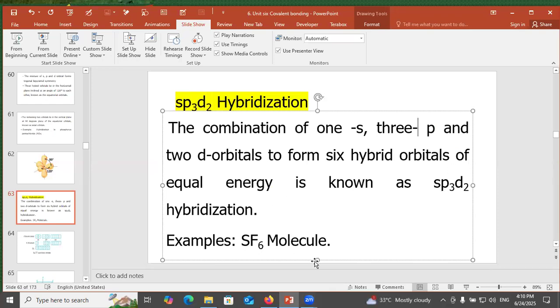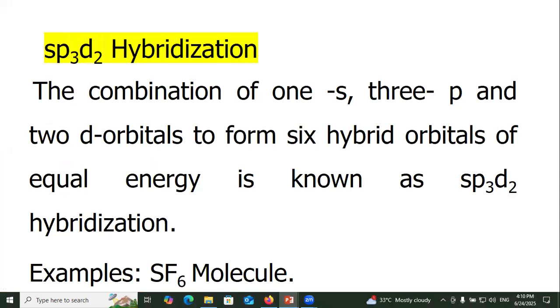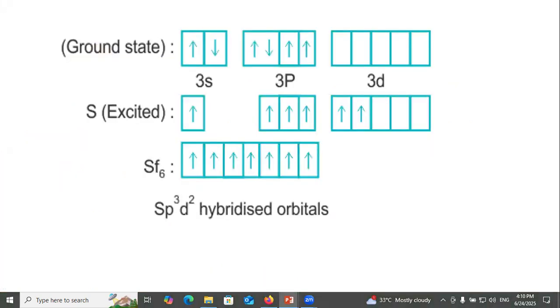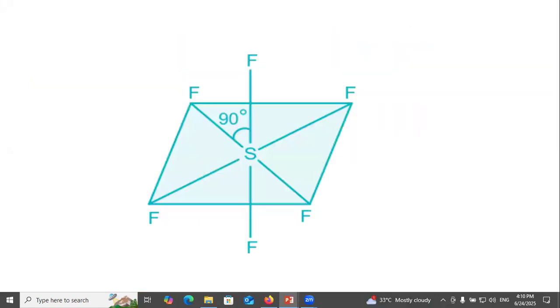For example, sulfur hexafluoride. In the case of sulfur hexafluoride, in the ground state 3s2, 3p, and 3d; in the excited state, 3s and 3p, one electron excited, two electrons excited in the d orbitals, giving sp3d2 hybridized orbitals.